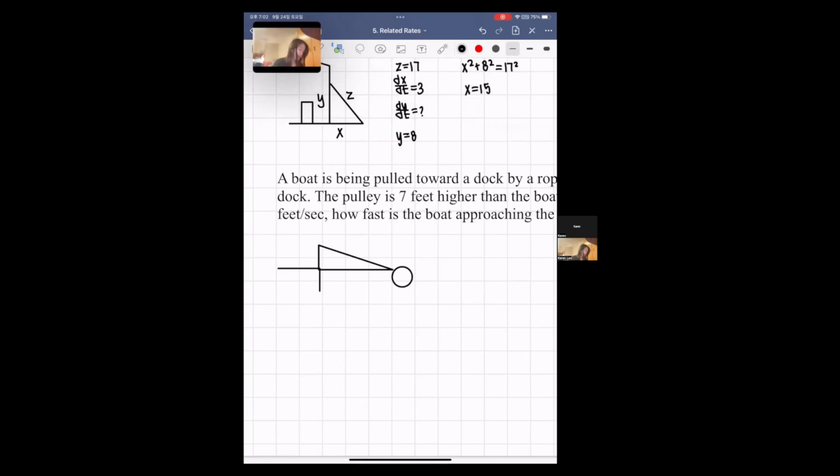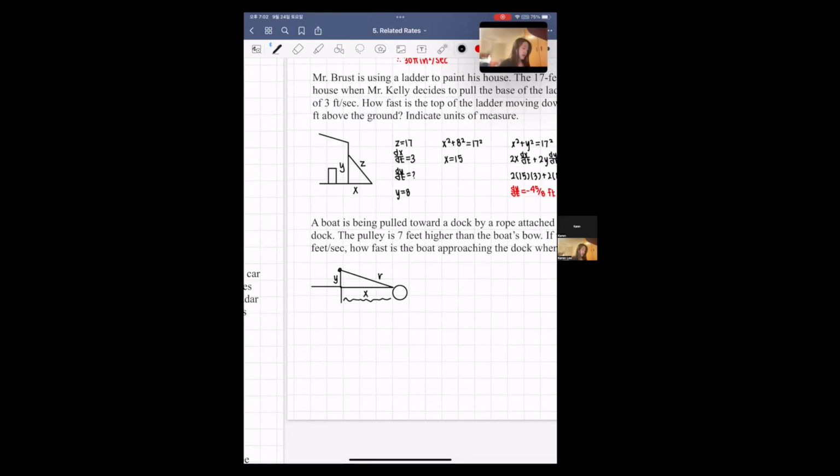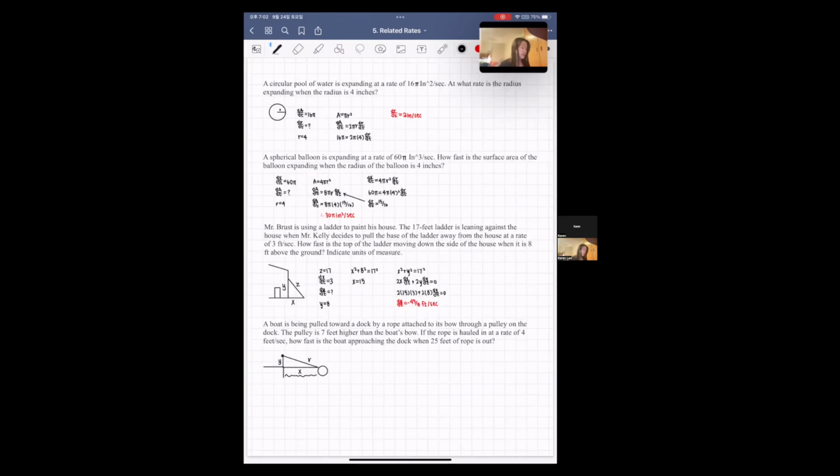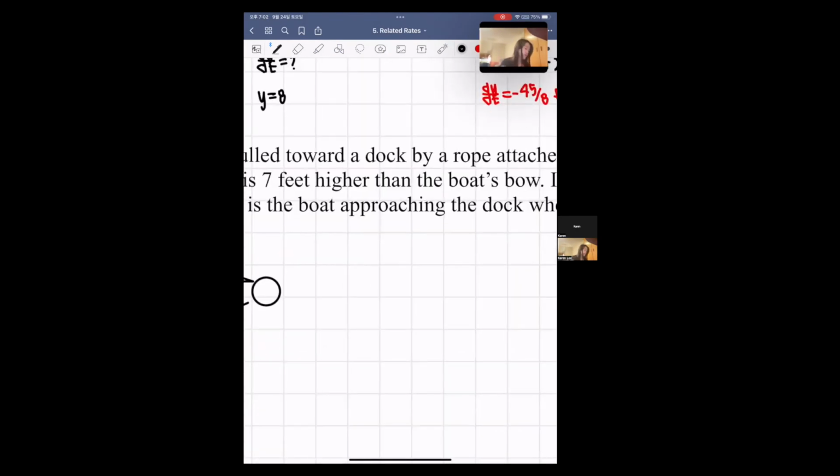Say that this is the boat, and that's y, that's x, that's r, and then this is the water. And y is a constant because it's just how high the boat is. So y is 7. dr dt is negative 4. We have to find dx dt.